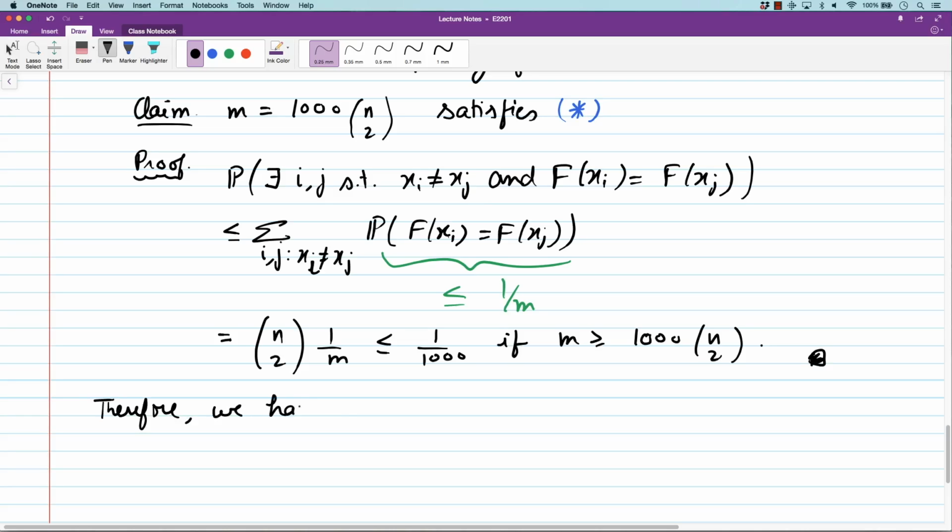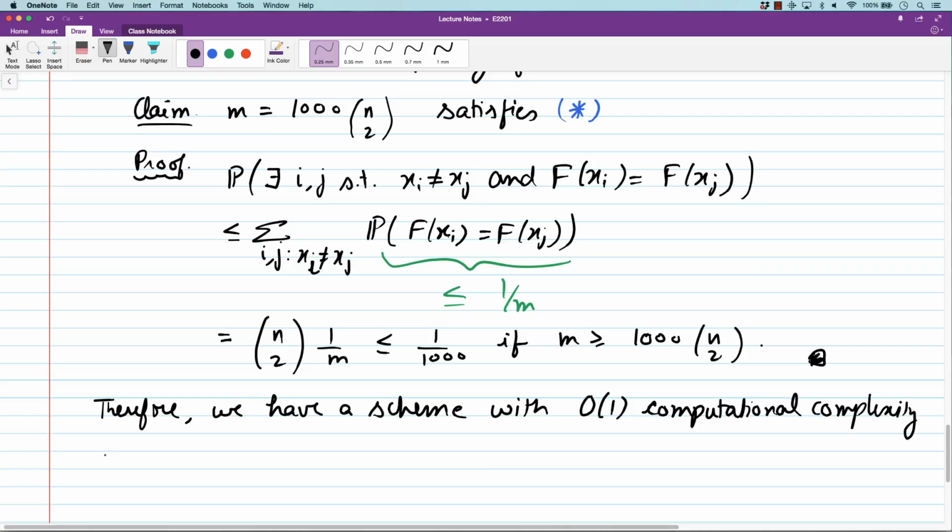Therefore, we have a scheme with order 1 computational complexity and 1000 and choose 2 plus n log x bits memory requirement.